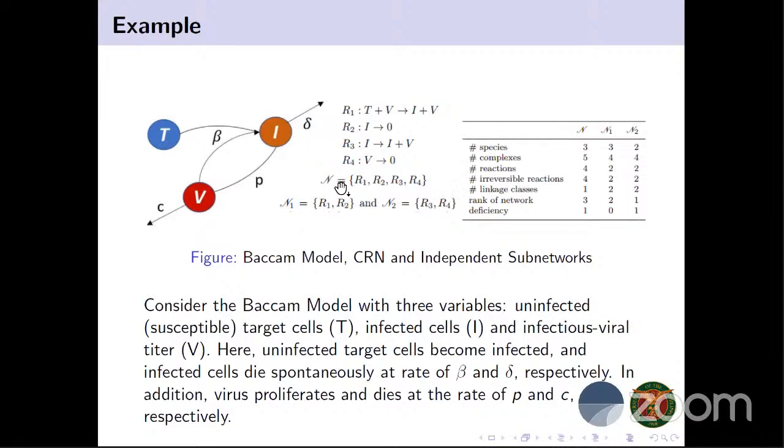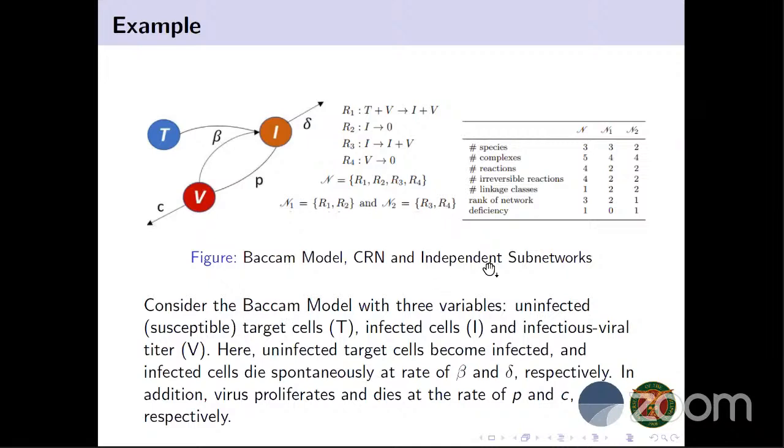This network consists of four reactions, and N1, the first subnetwork, is given by R1 and R2, and the second one is given by R3 and R4.